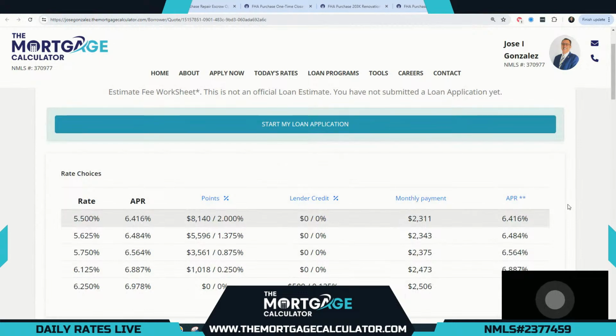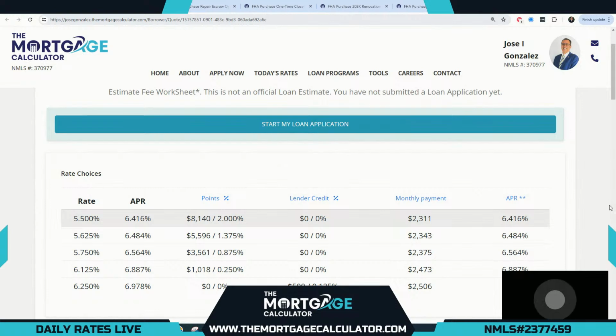It used to be higher prior to the pandemic, but they changed that to 80% and they haven't increased it back to the prior pre-pandemic amount. 6.25 is our lowest cost option with a lender credit of 0.125, and you can buy that down all the way to a great rate of 5.5% at a cost of 2%.